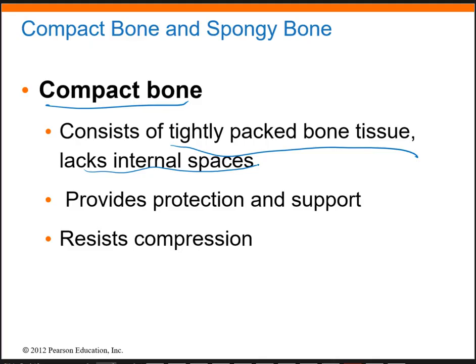And this makes it really, really strong. Compact bone provides protection and support. And this is the bone that's really good at resisting compression. So if you have a long, thin bone, and you want the thin part of that bone to be really strong, you'll make it out of compact bone.